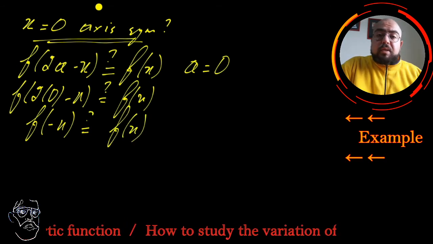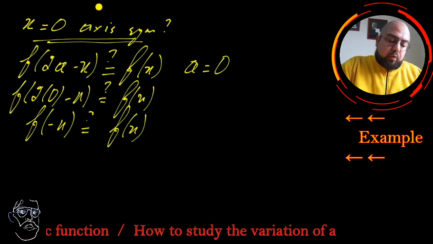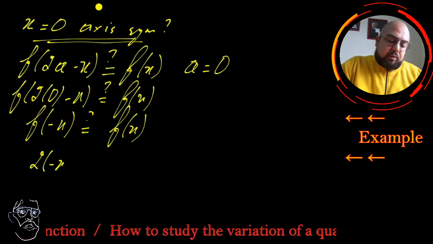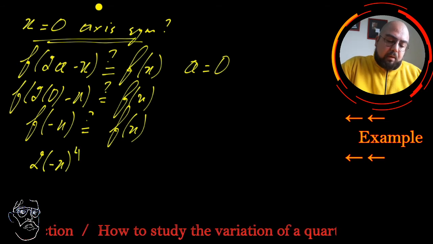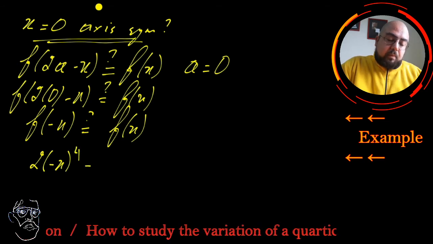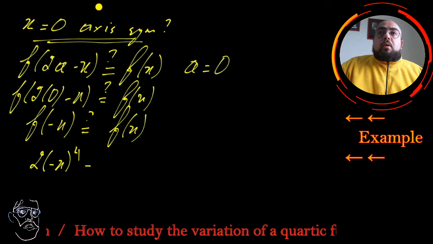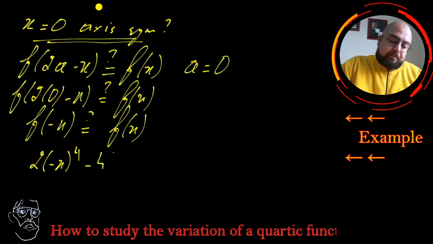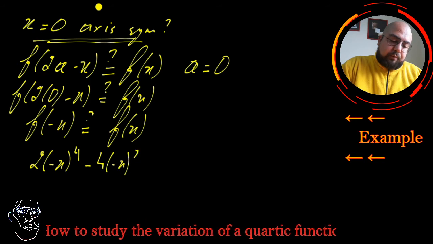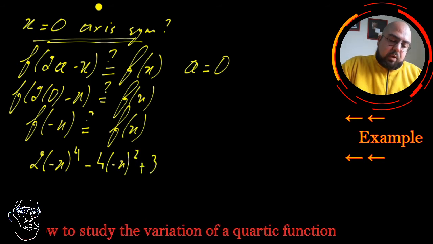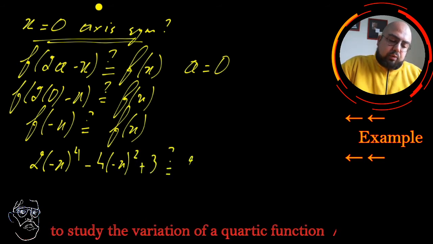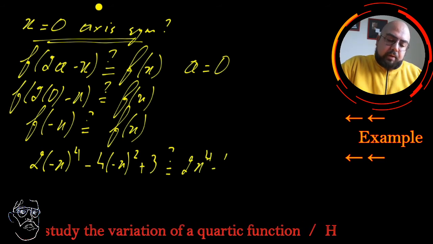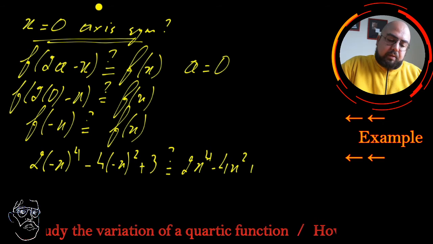I'm gonna do a simple replacement, so it will be 2 times minus x to the power of 4 minus, so our function was minus 4 times minus x to the power of 2 plus 3, is it equal to 2x^4 minus 4x squared plus 3?